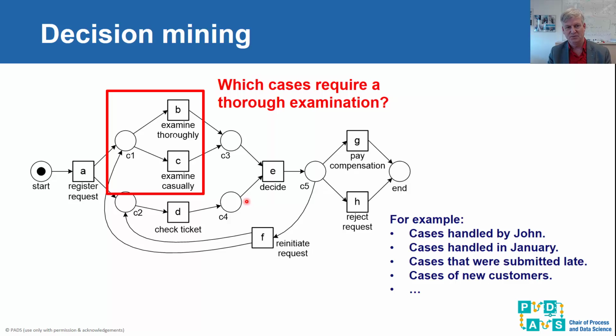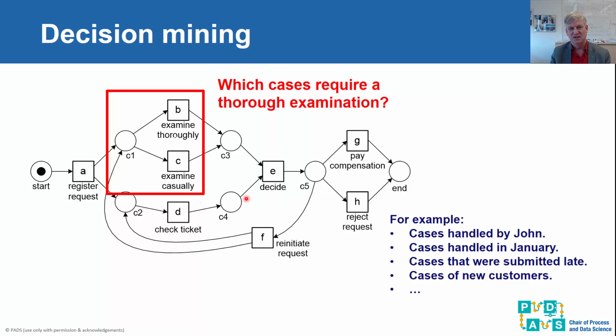So if we look at decision mining, which is a sub-branch of process mining, then we look at decisions in the process, and we create a situation for every occasion that we need to make such a decision between B or C. And then these are our instances, and then based on the features we can get different expressions.